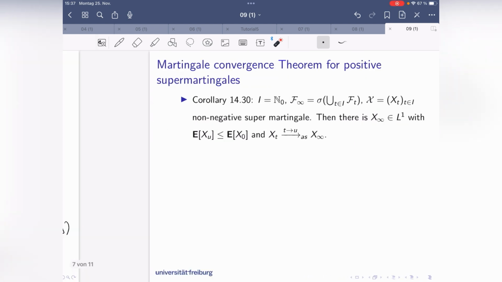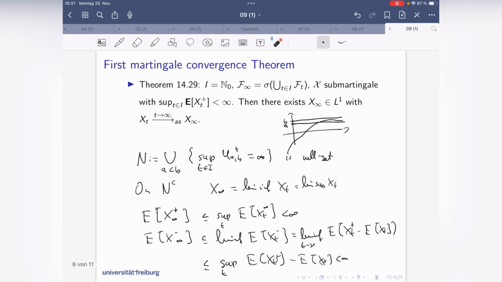First of all, we have here a submartingale and something is finite. The next result is we have a supermartingale, but if you have a supermartingale, minus x is a submartingale. And if you have a submartingale minus x and x is non-negative, minus x is not positive.